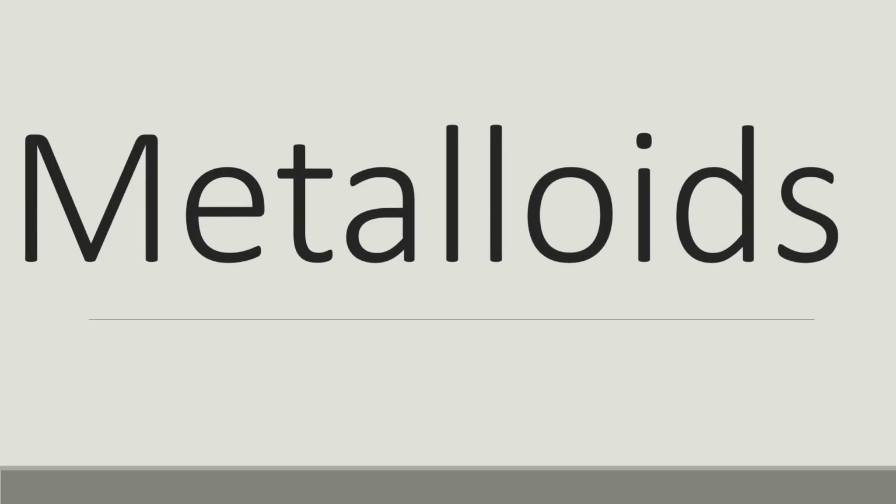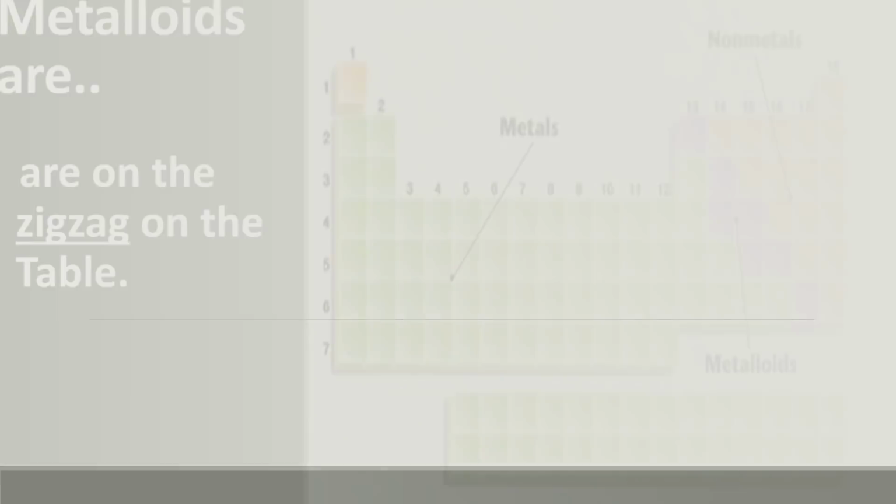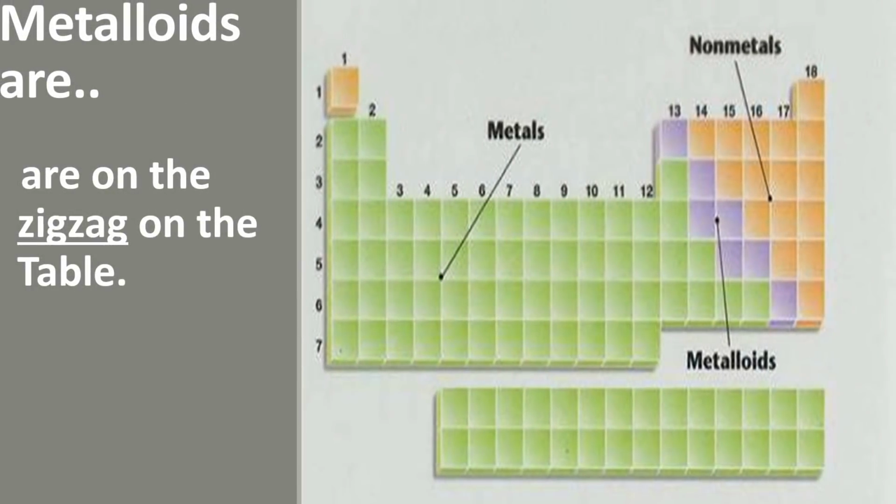So let's take a look at metalloids. These are kind of like the best of both worlds in some cases. So metalloids are on the zigzag on the table. So these guys right here. It's kind of like the dividing line between the metals and the nonmetals.